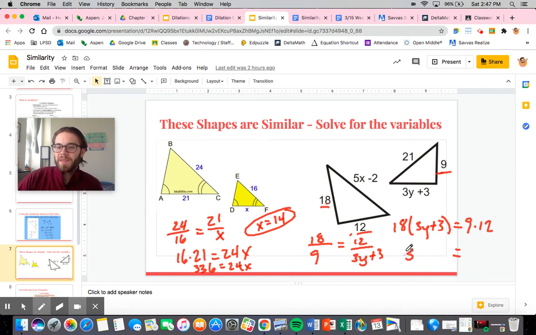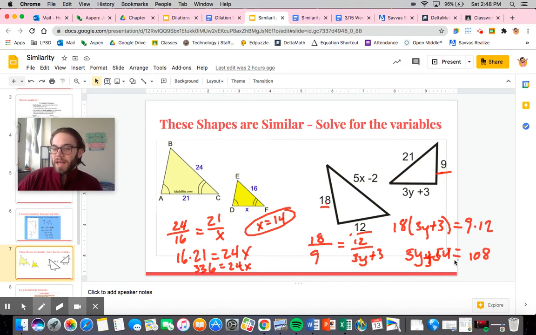So 54y plus 54 is equal to 108. Sorry, I looked quickly at my calculator and I hit the wrong button. I always like to make sure I do my multiplication correct, so I'm usually checking it as I go.